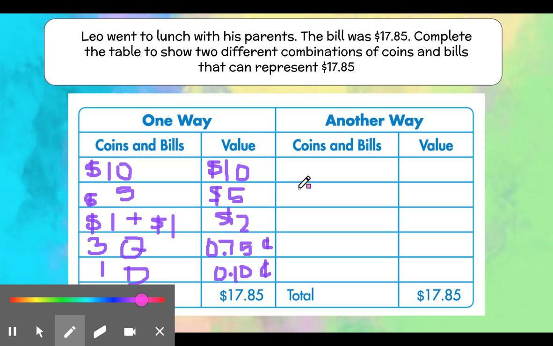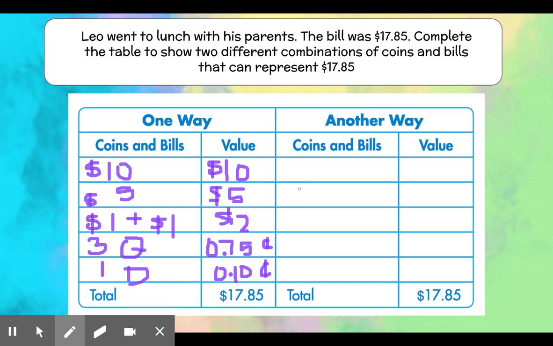Now, if I had to show it another way, instead of a $10 bill, I can use two $5 bills, which would equal $10, right? So I can use two $5 bills. And then I can use two $1 bills, which is $2.